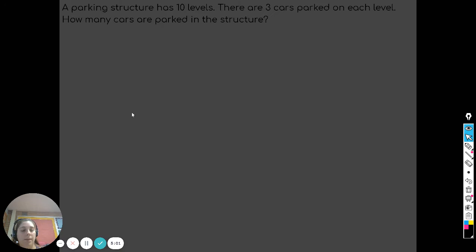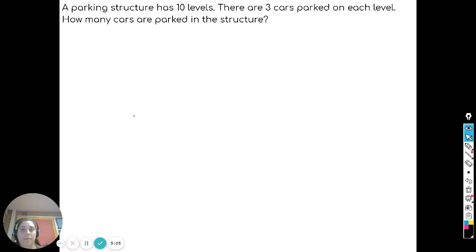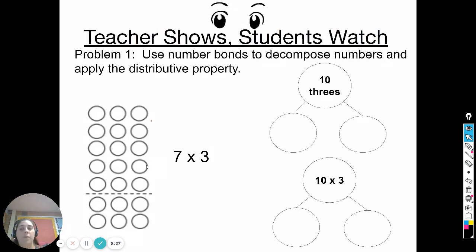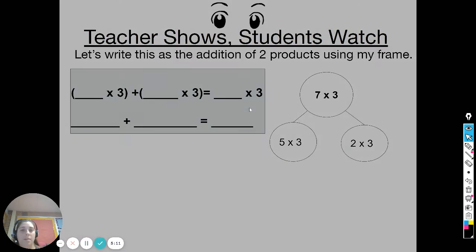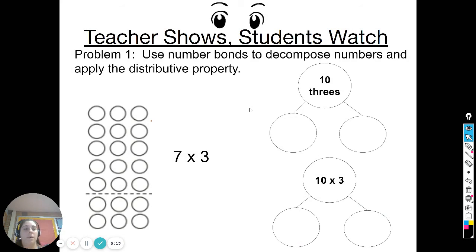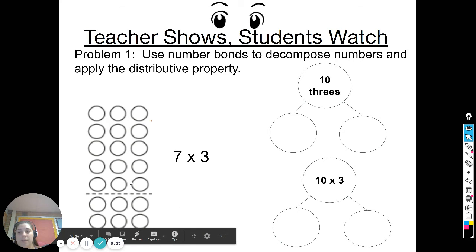So over here on the left, we have 7 rows of 3. Okay, and you see there's kind of this line here separating them.